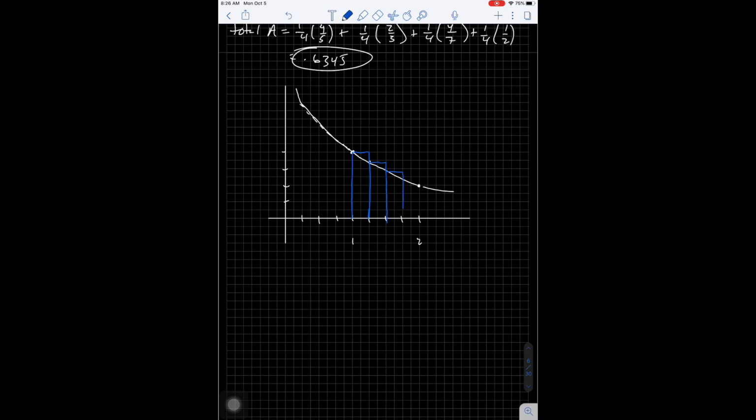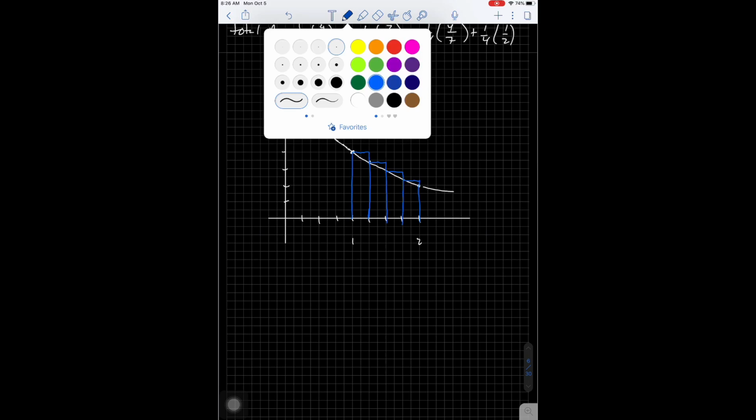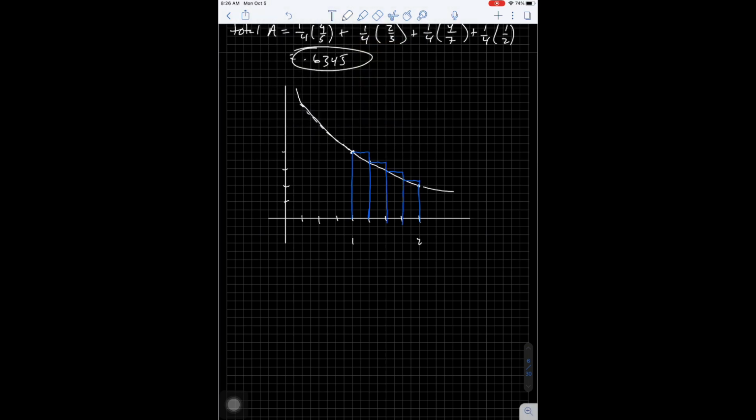So this is going to be an overestimate. The other one was an underestimate. So let's label our values again. This is 5/4, this is 3/2, 7/4, and 2.